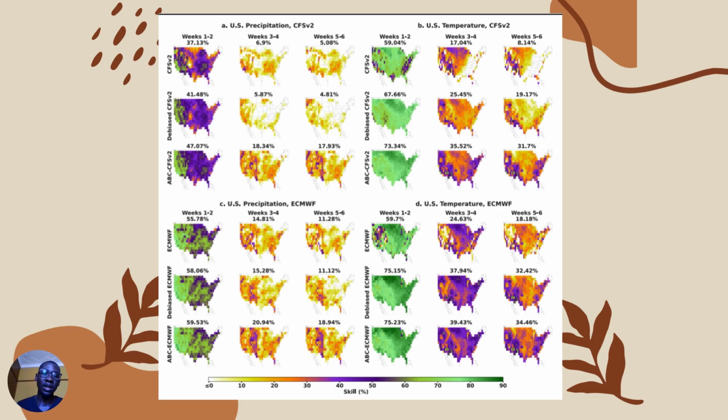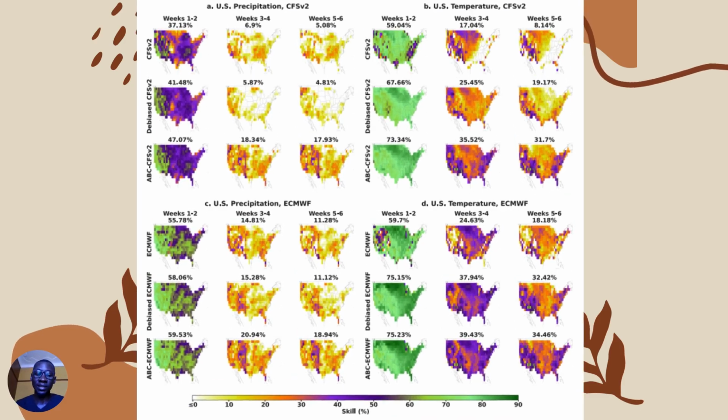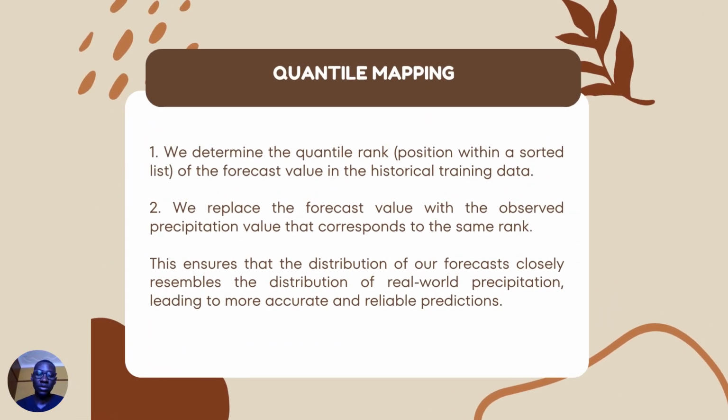they employed. They are trying to show you a dynamic change in how the model is behaving after some time of training, and how it reduces the bias through this learning. So what do they use here? There was a tool, the quantile mapping. With quantile mapping, it helps us to determine the quantile rank of the forecast value in the historical training data.